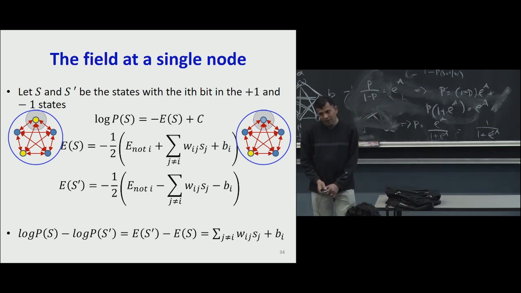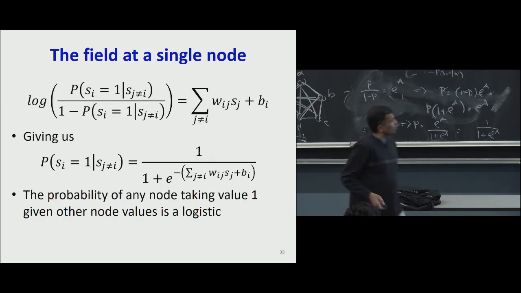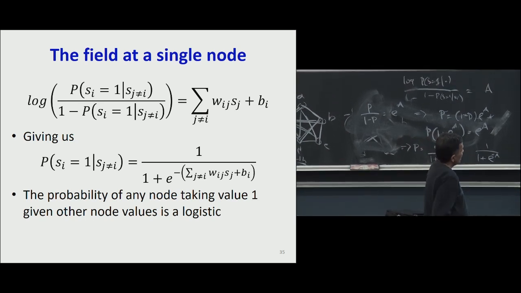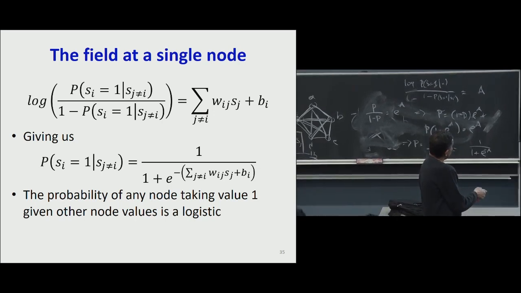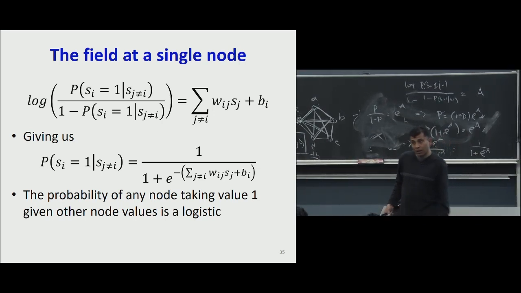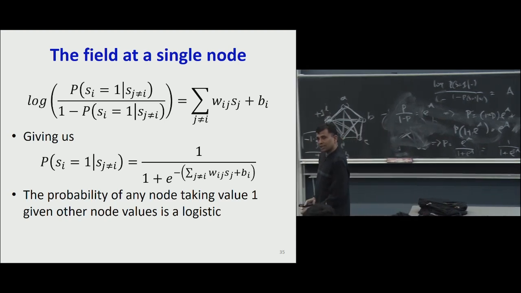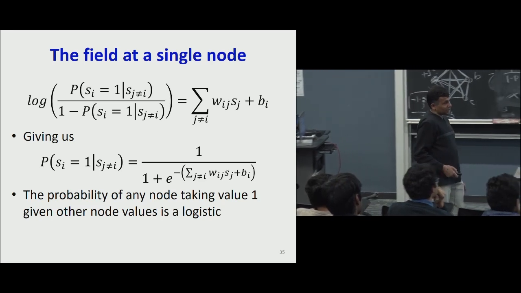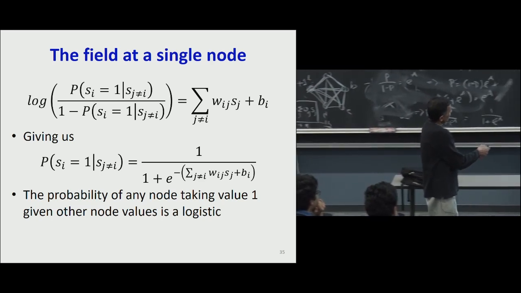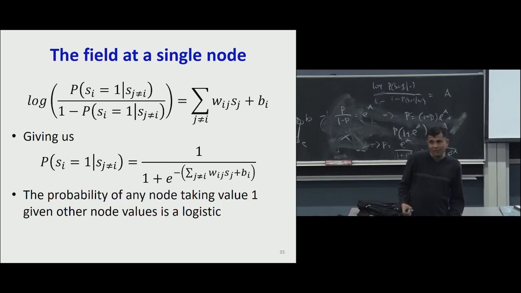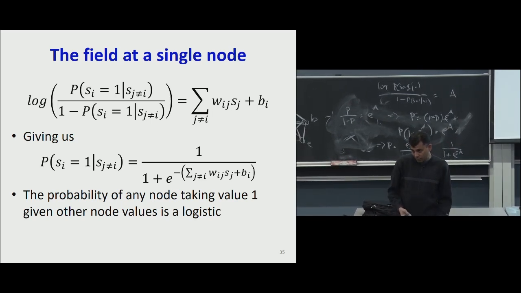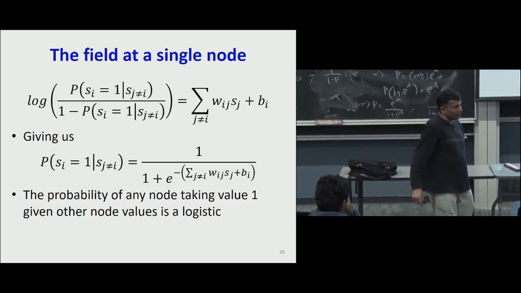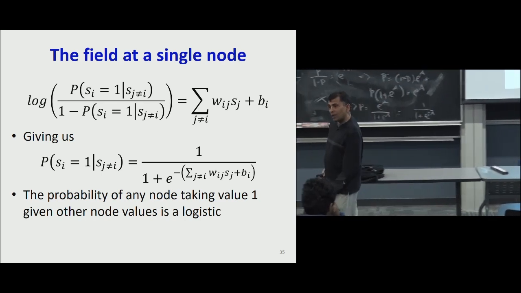Right? So applying this little bit of arithmetic over here, what was p over here? p was the probability that the state takes the value 1 given all the remaining states, right? And just working through the arithmetic, something magical happened. It turns out that the probability that any given state takes the value 1 given all the remaining neurons is simply a logistic function computed over the field at that neuron.